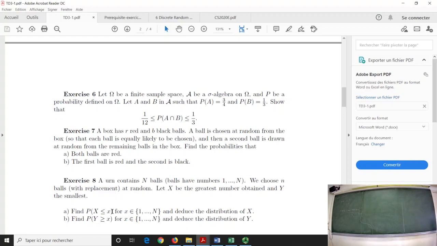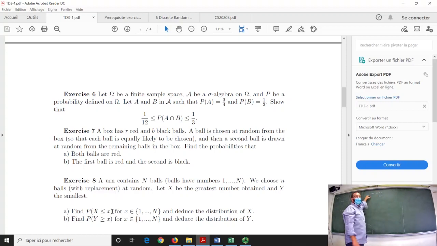So one possibility, okay? One possibility is to use this equality here, so that A is equal to A intersected with B, disjoint union with A minus B. That is just equal to A intersected with B complementary.